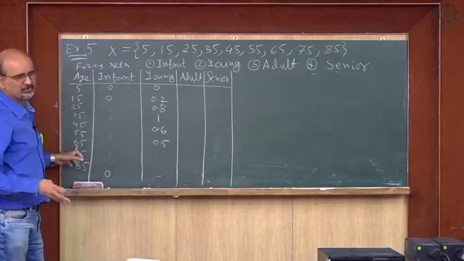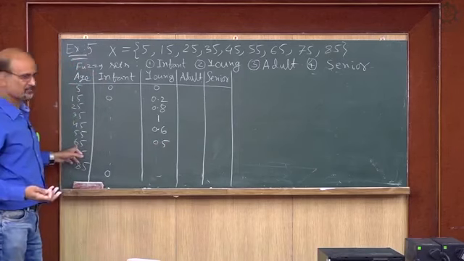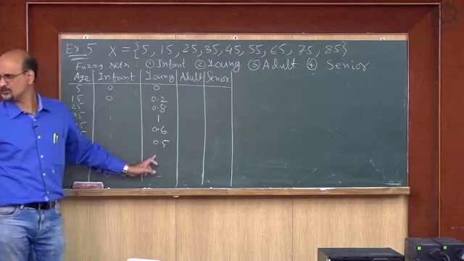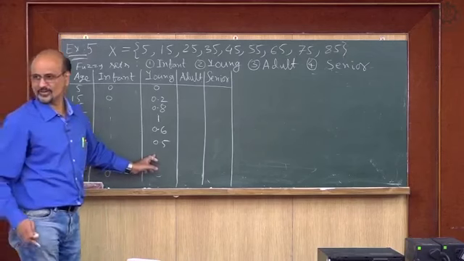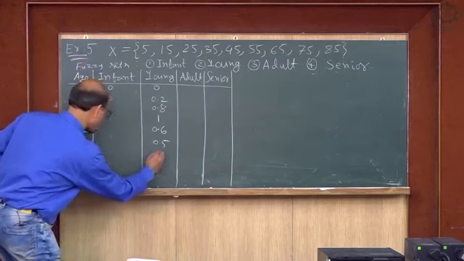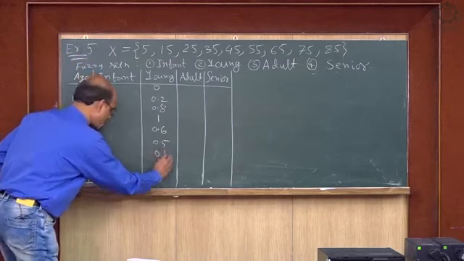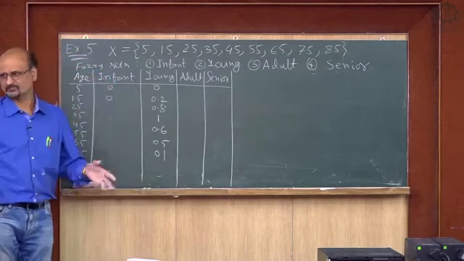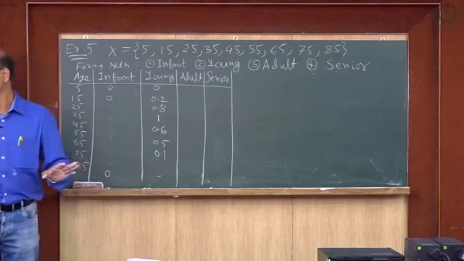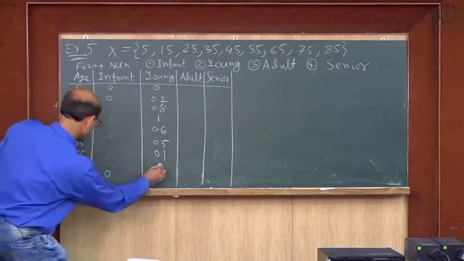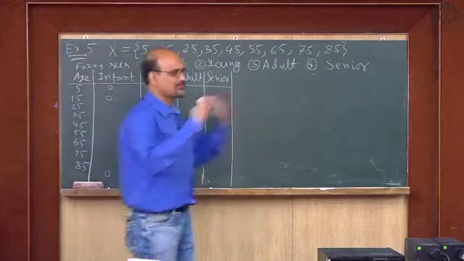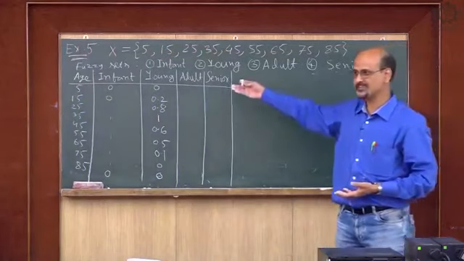And 65, after retirement, should be 0.1 or 0.2, let us put 0.1. But 75 and 85 should be 0. So you are understanding how you are giving the membership values to the fuzzy set young.